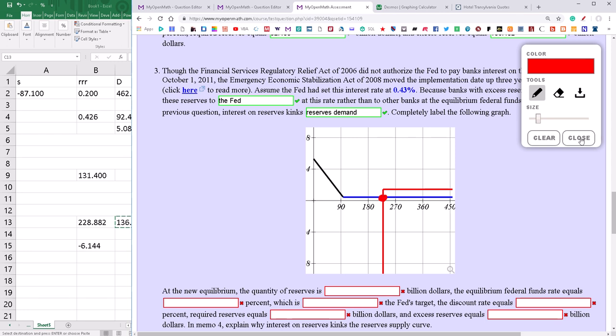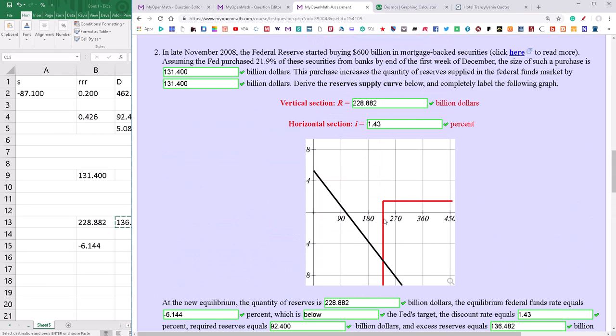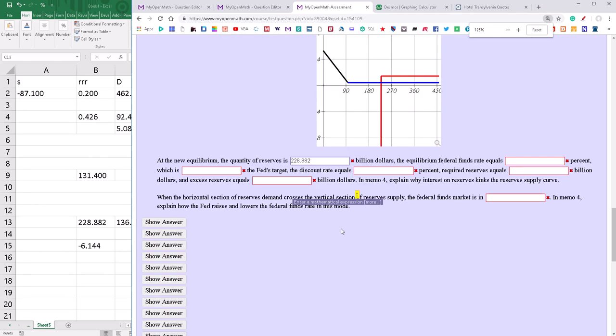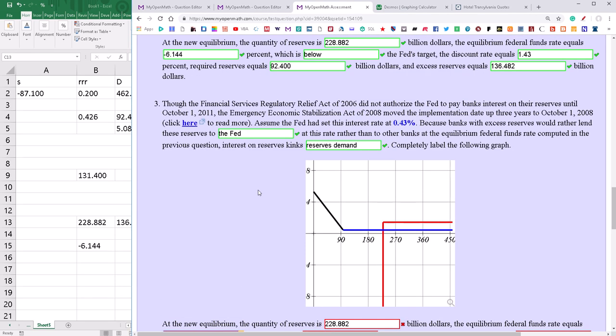So we're going to close that out. At the new equilibrium, the quantity of reserves, well, that's still whatever it was, right? It was this, right? The equilibrium federal funds rate is where the two cross. So that is 0.43, right?